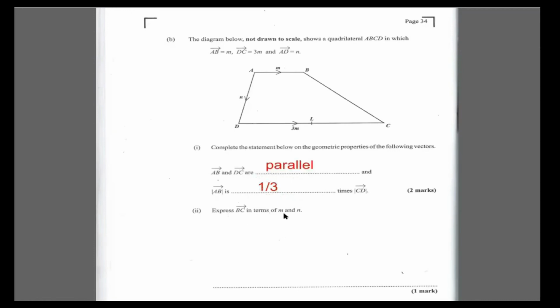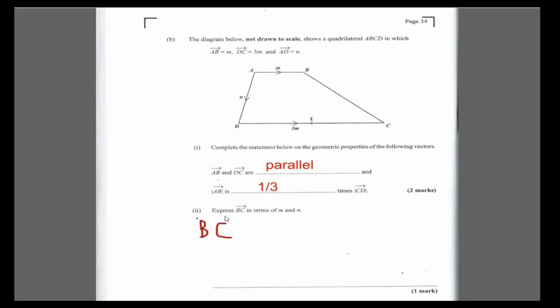Now it says express BC in terms of M and N. To go from B to C, you can go from B to A to D, and D to C.